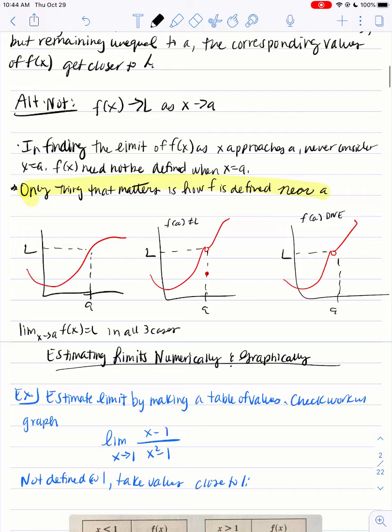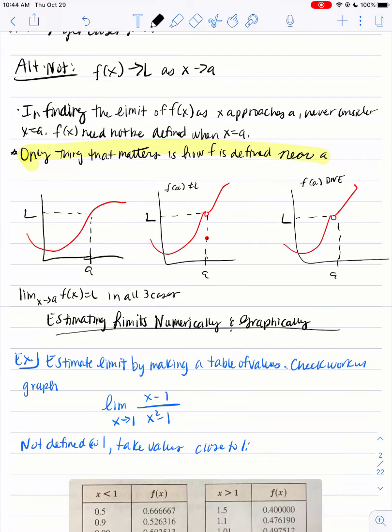So here we have some images. We have our first graph, where f is defined at a, and the limit is at that f of a point, basically. And then in the second graph, f of a is this point down here, and then our limit is this right here.